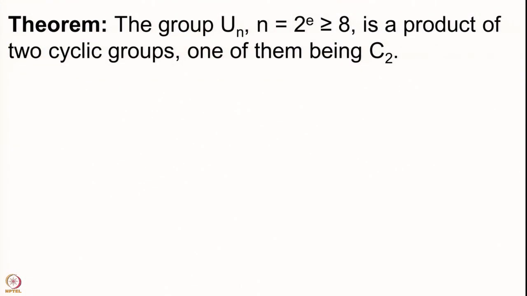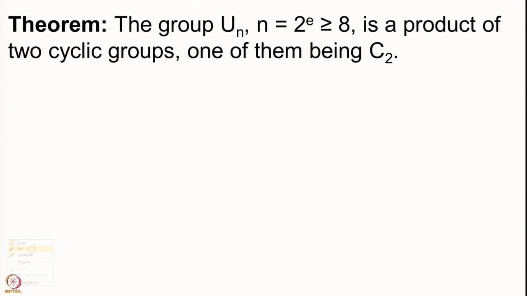But before we do that, we will need to do one small result regarding integers, and let me state that result. This is the result that we are going to prove. The group U_n, n equal to 2^e bigger than or equal to 8, is a product of 2 cyclic groups, one of them being C2.